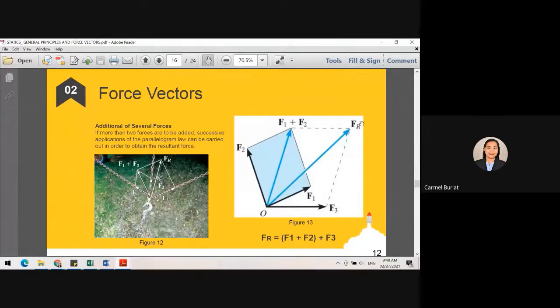So FR can be F1 plus F2, which is this one, F1, this one, and F2, kani. Or kung parallelogram, F1 plus F2, then you can have this F1 and 2. Then you can add F1 and 2 plus F3, then by parallelogram law, this is equal to FR.